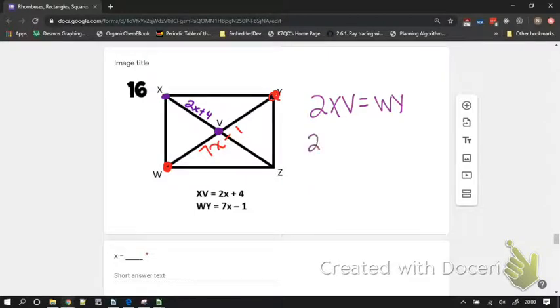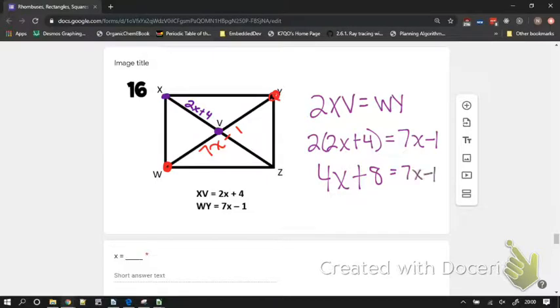And if we plug in the expressions they give us, that makes it pretty easy. 2 times 2x plus 4 equals 7x minus 1. Distribute that 2. 4x plus 8 equals 7x minus 1. I would probably add the 1 to both sides, subtract the 4x, and then divide. We should get that x equals 3.